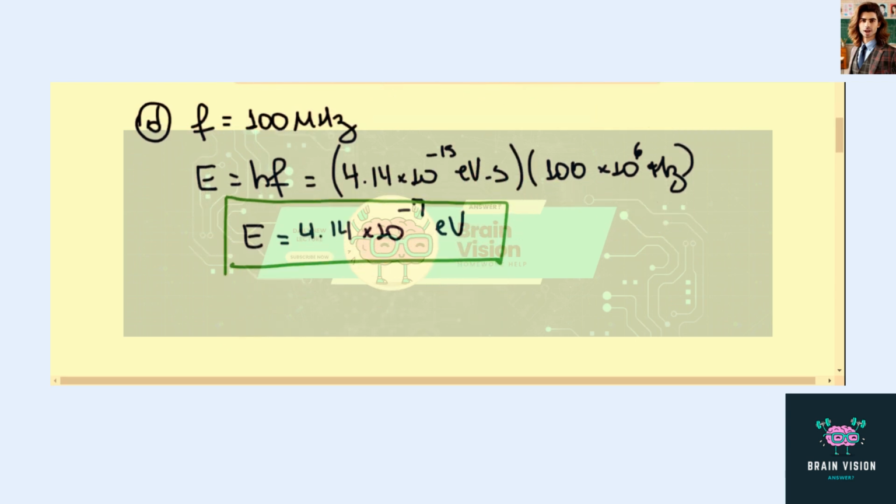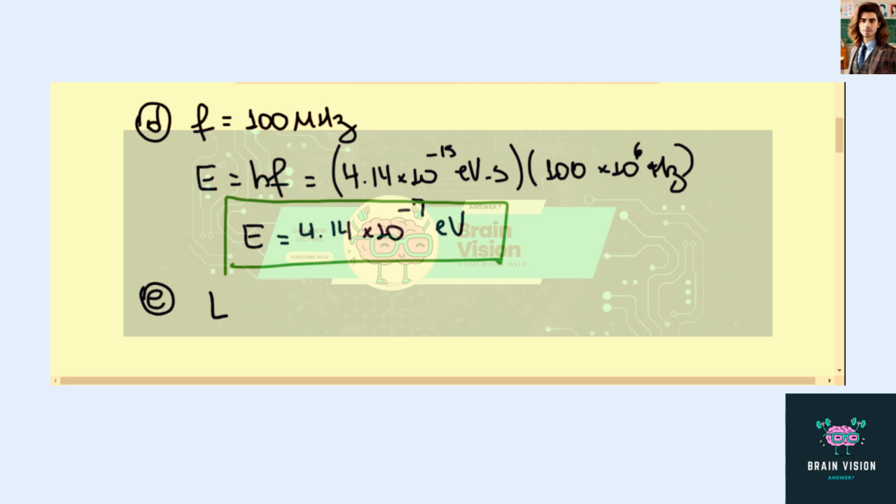And in question E, we have to justify why the light coming from a firefly is able to dissociate a silver bromide molecule, while light with a frequency of 100 megahertz isn't.